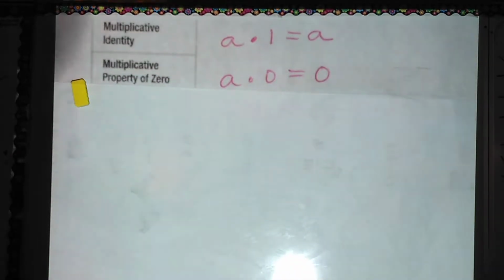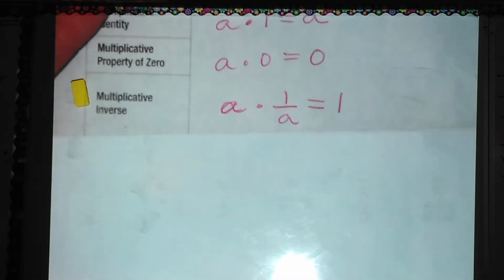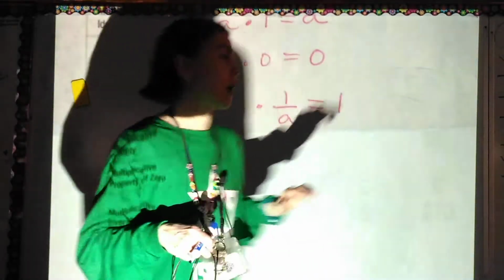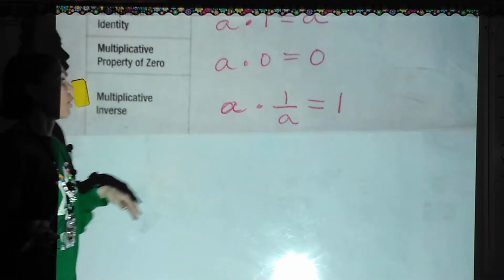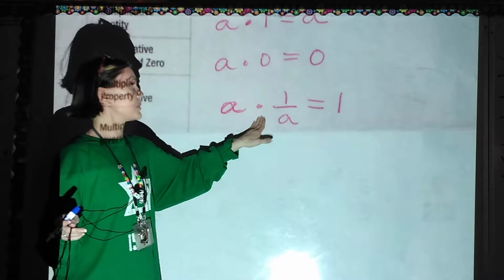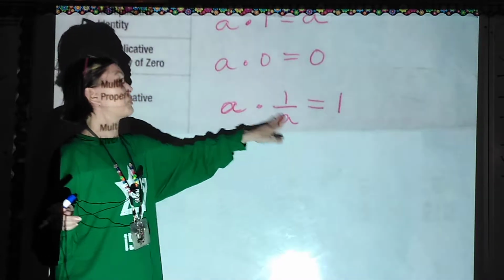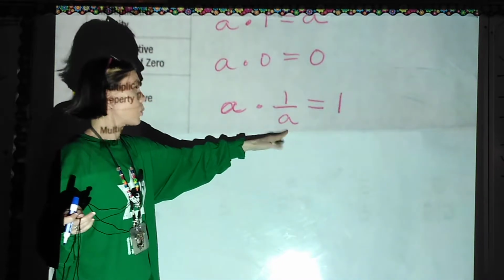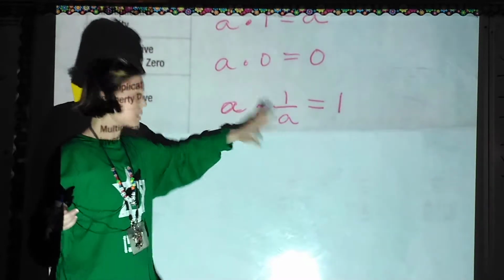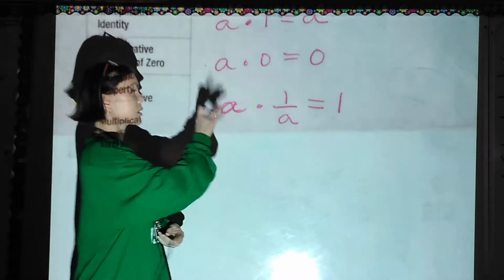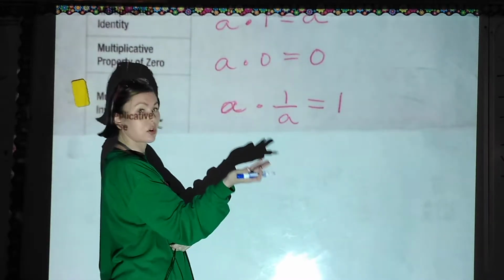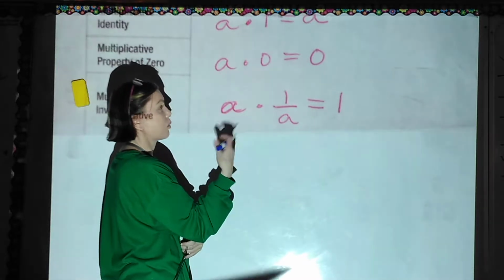Moving on. And here is multiplicative inverse. Anything times its multiplicative inverse, which is 1 over a, the reciprocal, is going to equal 1. I'm going to show you in numbers what I mean.